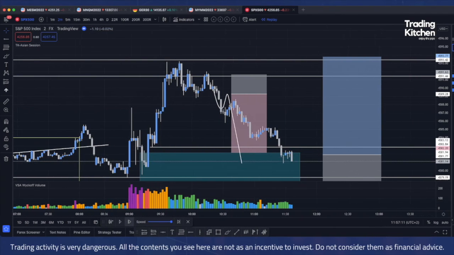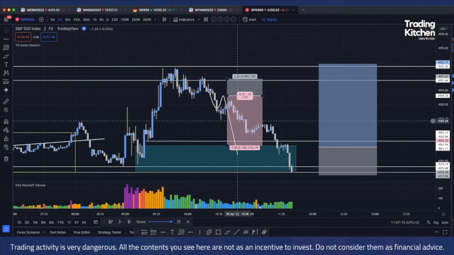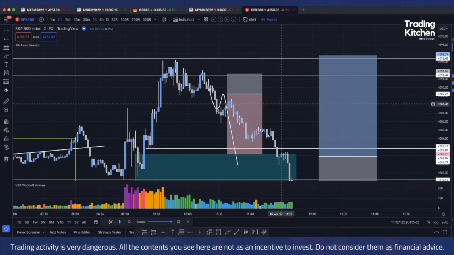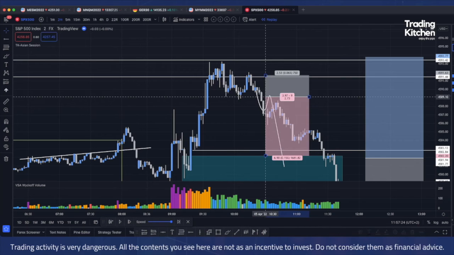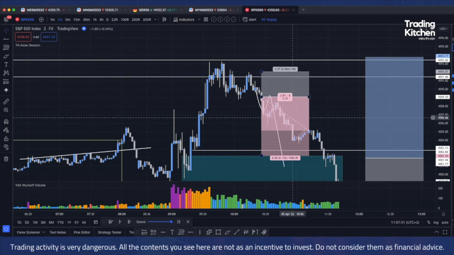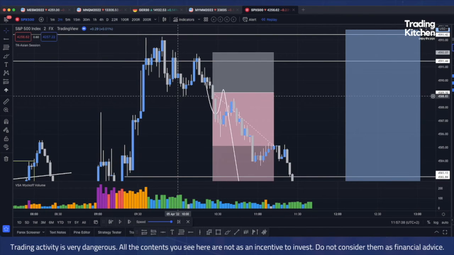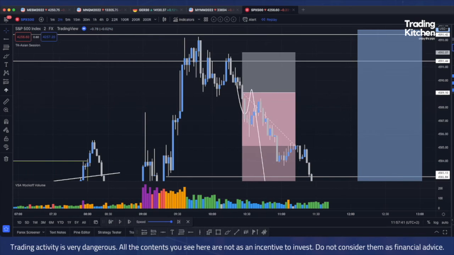Unfortunately, my trade is not being filled, but the aggressive trader will enter on the breakout here. It's your choice. I prefer to wait for a retest. And to be honest, the retest is here inside this zone, but it is not so clear, so it doesn't matter.